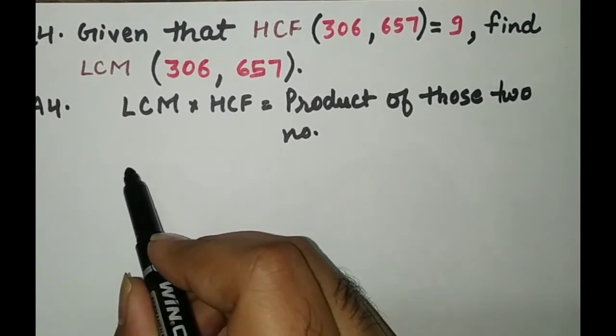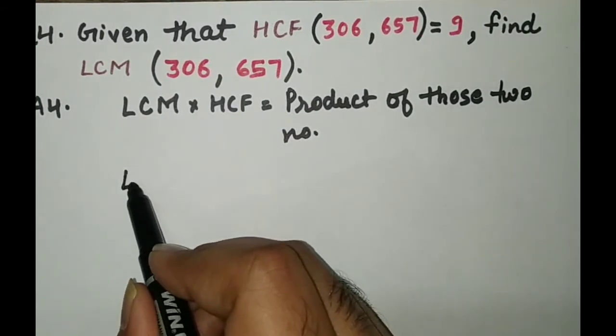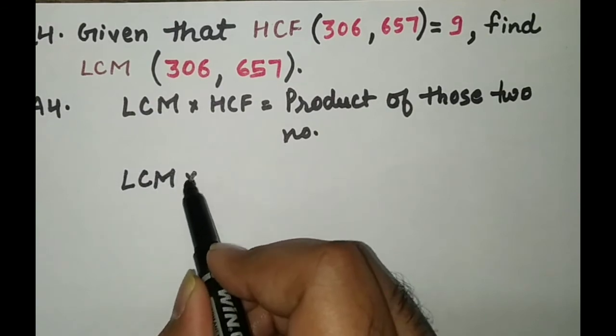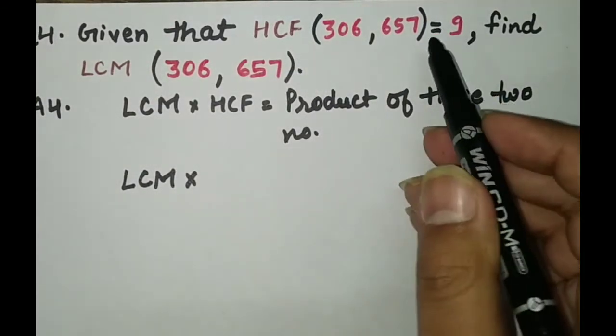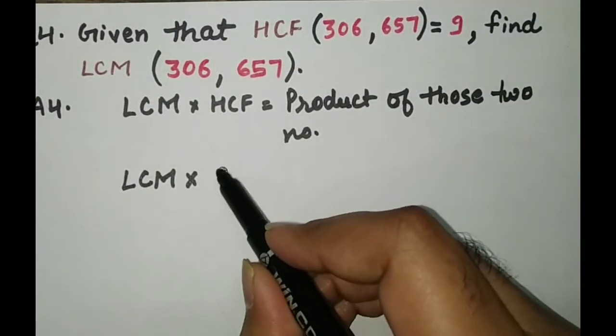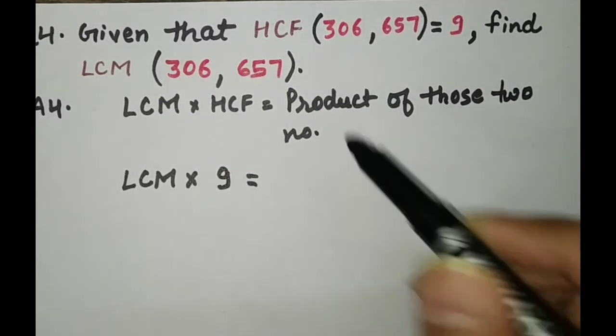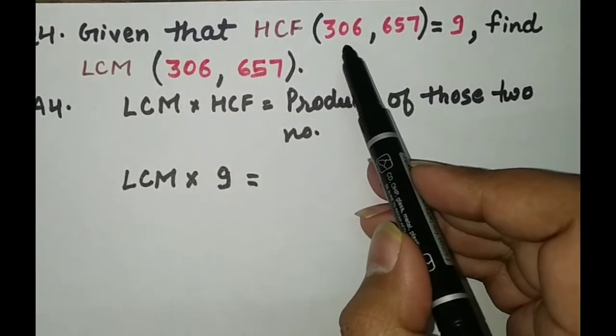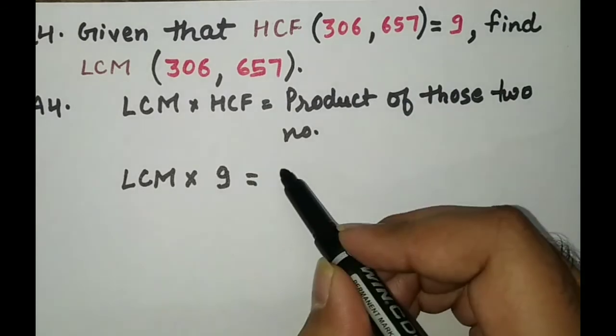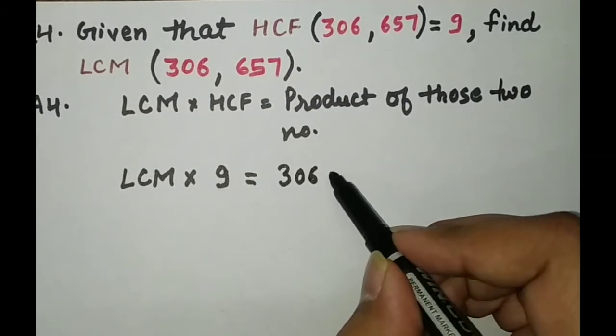So we have to find LCM. HCF we have here is 9. Product of those two numbers. So those two numbers are 306 and 657. So product of these two numbers, 306 multiplied by 657.